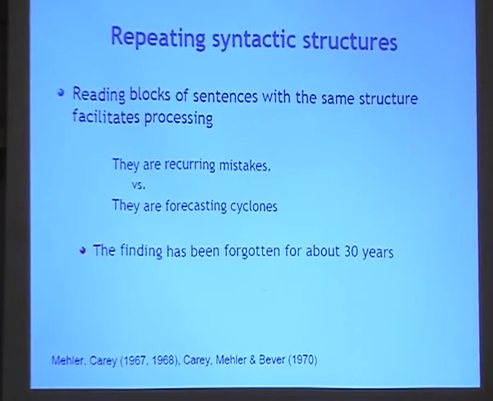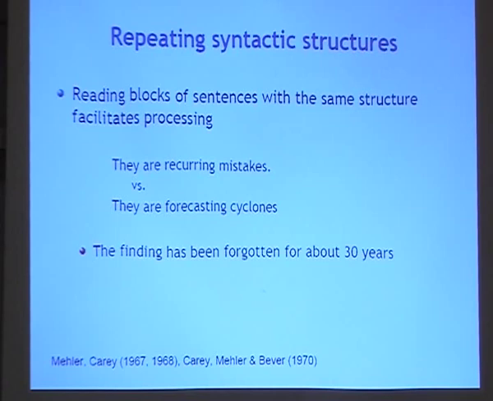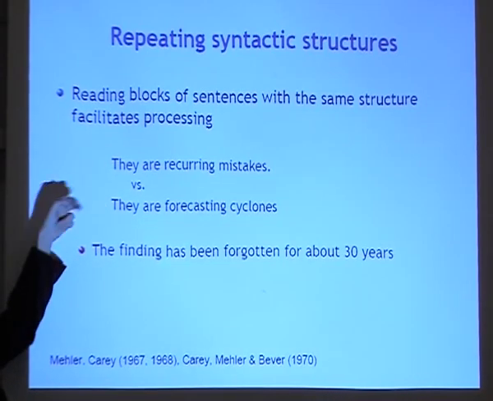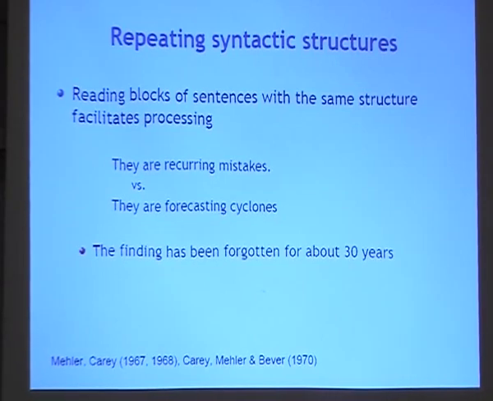So they are recurring mistakes and they are forecasting cyclones. Those are sentences that are actually quite different in their syntactic structure, but superficially they sound quite similar. They use similar function words and morphemes and so on. But if there was a block of these copula-type sentences and a block of sentences where copula and progressive sentences were mixed together, the mixed blocks were read more slowly and with more errors.